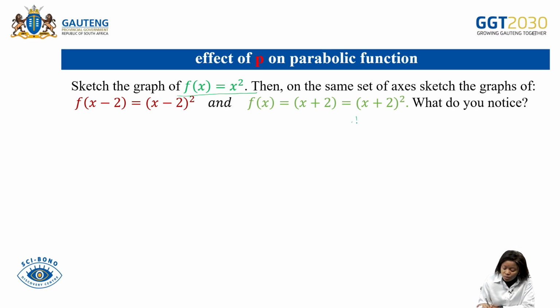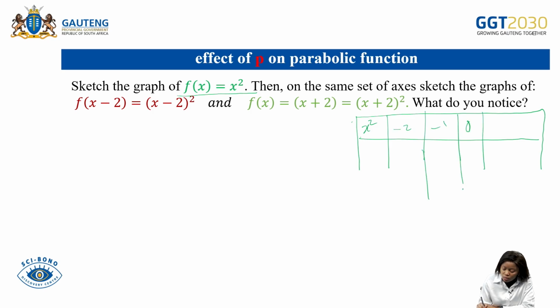Let's do a table. So the graph of f of x, let's substitute into our x squared. So our values of x, let's use negative 2, negative 1, 0, 1, and 2.